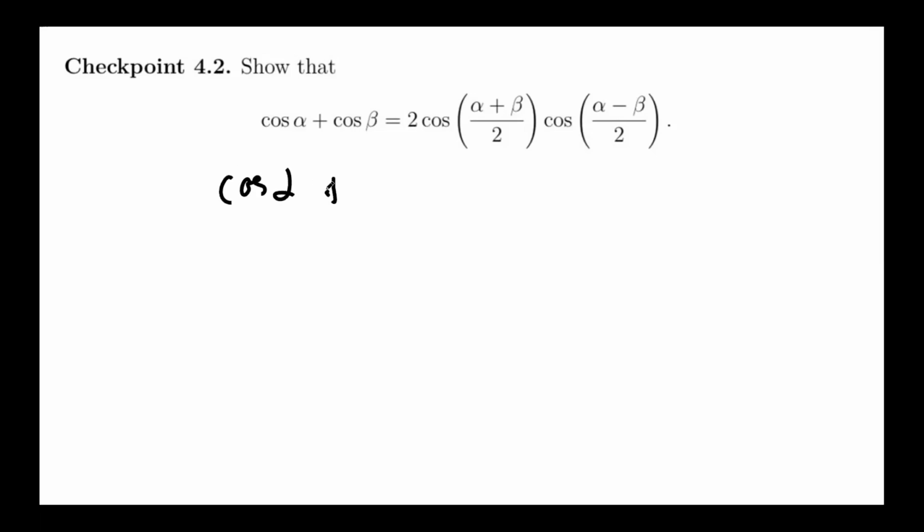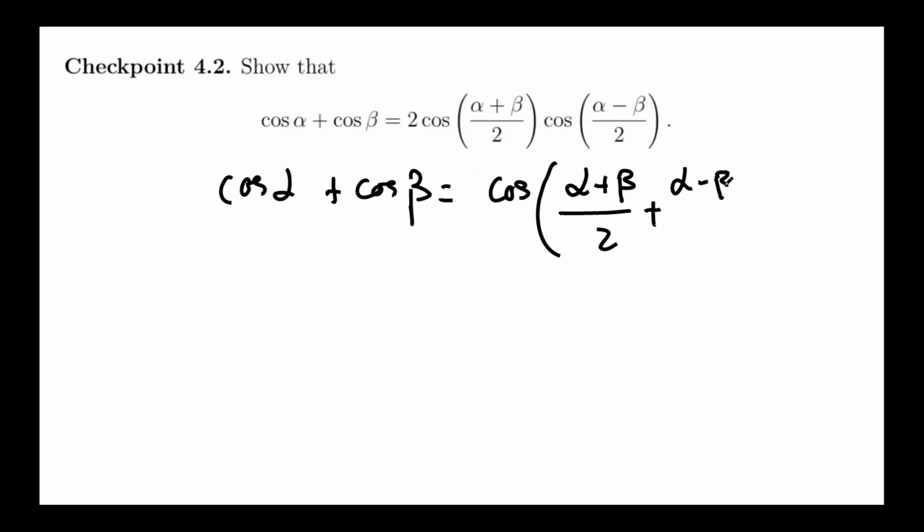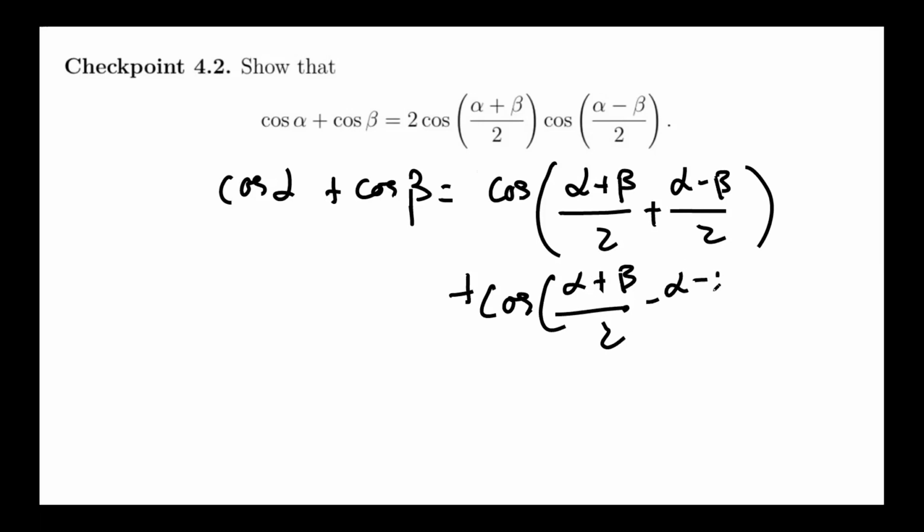So cosine alpha plus cosine beta, we'll rewrite it as cosine alpha plus beta over 2 plus alpha minus beta over 2. The other one will be cosine alpha plus beta over 2 minus alpha minus beta over 2. And then we just plug that into one of the identities again, and we'll come away with that. Sorry for kind of skipping the algebra.